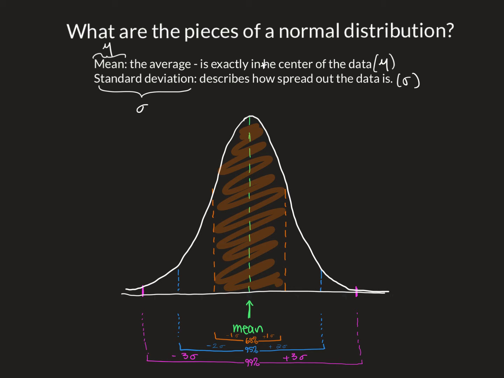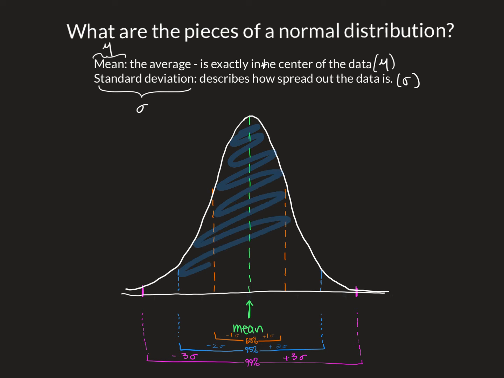You'll notice this number here: 68% of our data lives in that area. Okay, 2 standard deviations, which is this blue section right here.